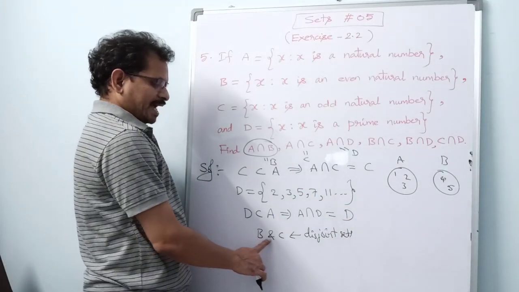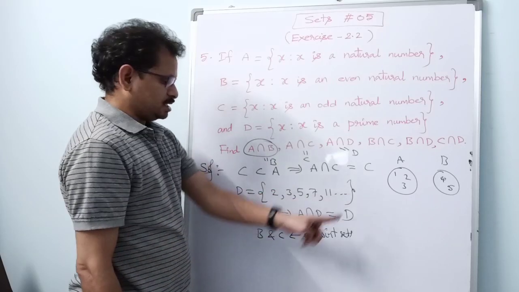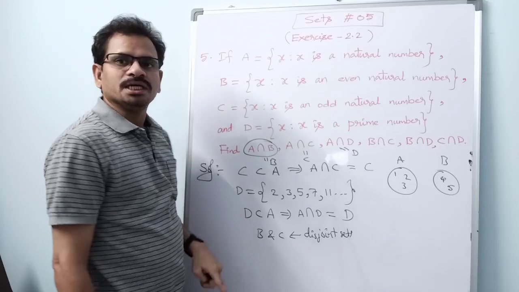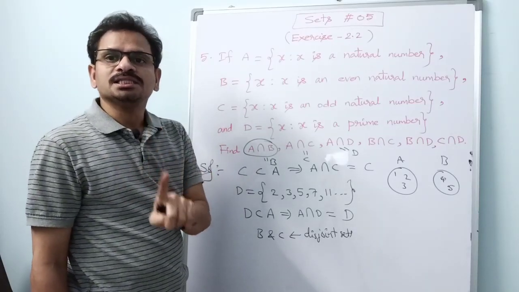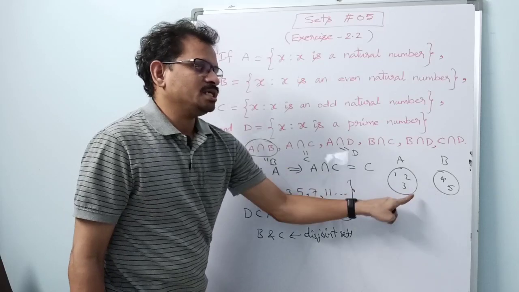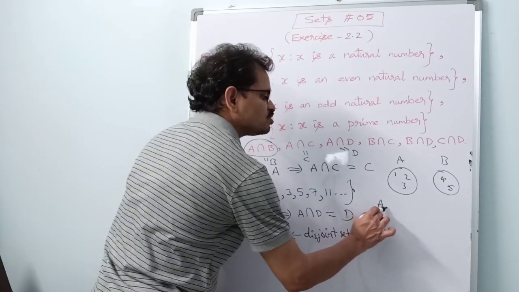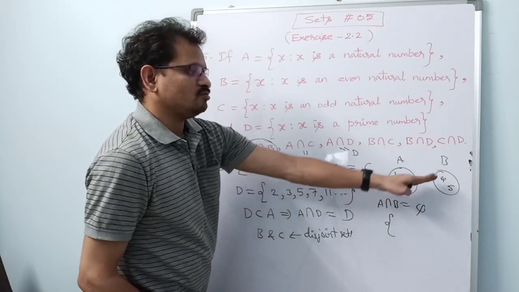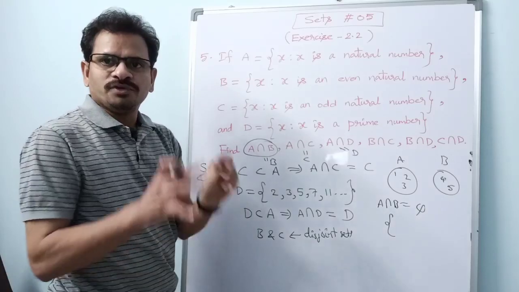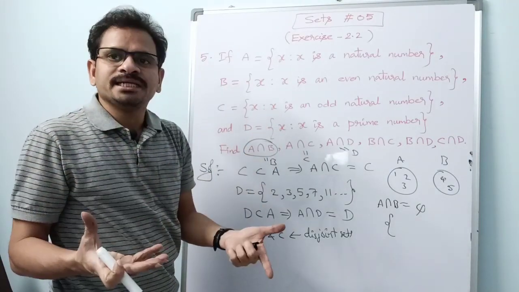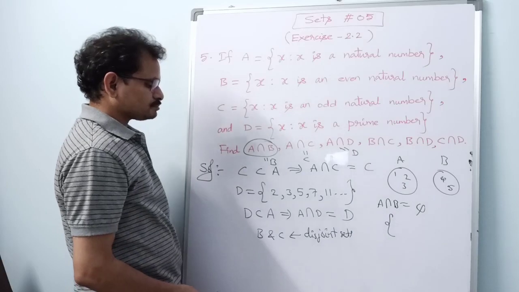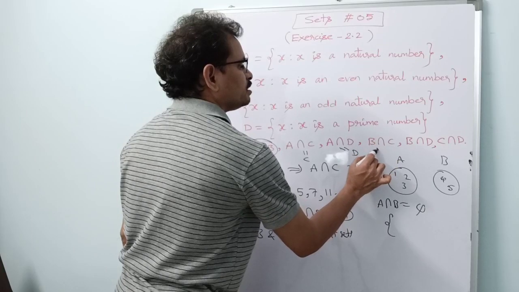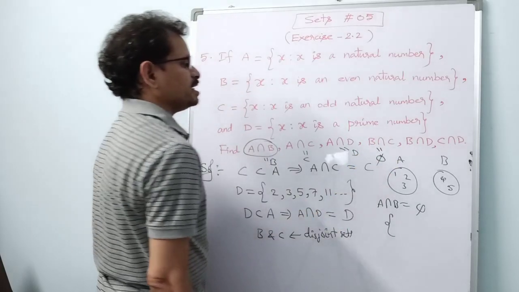So there is nothing common for disjoint sets. A intersection B means what you will write here? 1 is not common, 2 is not common, 3 is not common, 4 is not common, 5 is not common. So if we consider two disjoint sets, their intersection is the null set, phi. B and C are disjoint sets. Therefore, B intersection C is the null set phi.